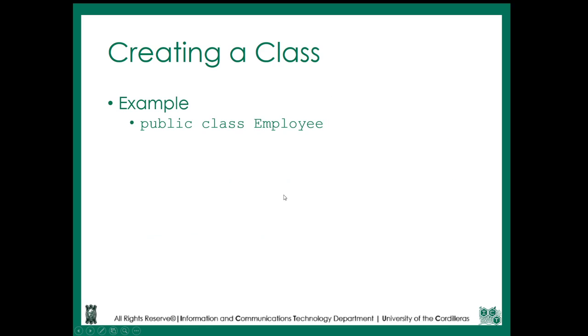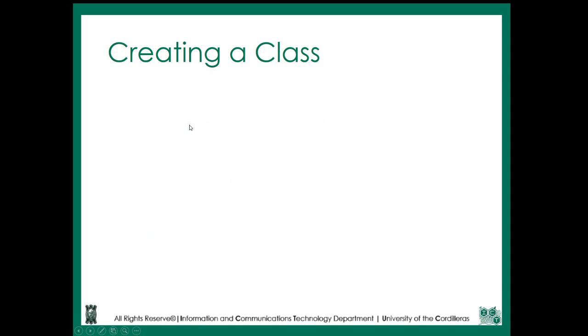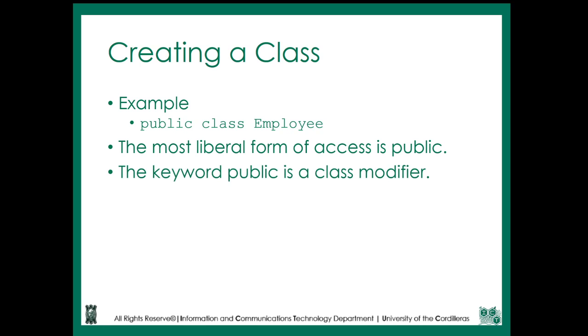What you're seeing here, the public, is an access specifier, just like what we have discussed from methods. The most liberal form of access is public. That means when we say public, you are declaring your class to be accessible by anyone in the package itself.